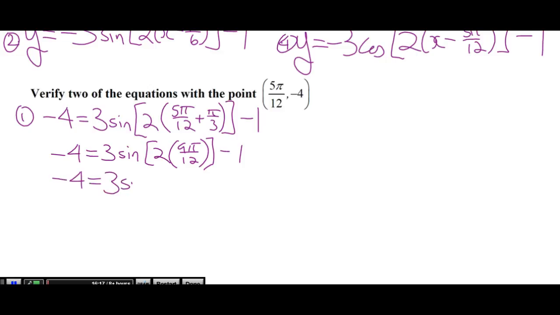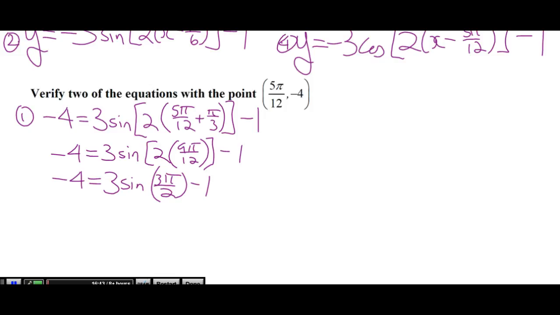I mean, it's 18. What does it reduce to? 9 over 12 reduced is 3 over 4? So it's 3 pi over 2, right? So it's going to be 3 sine 3 pi over 2, minus 1.